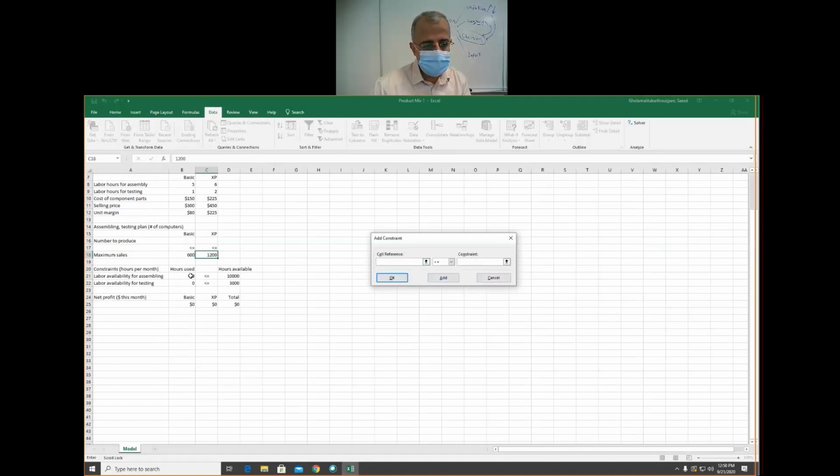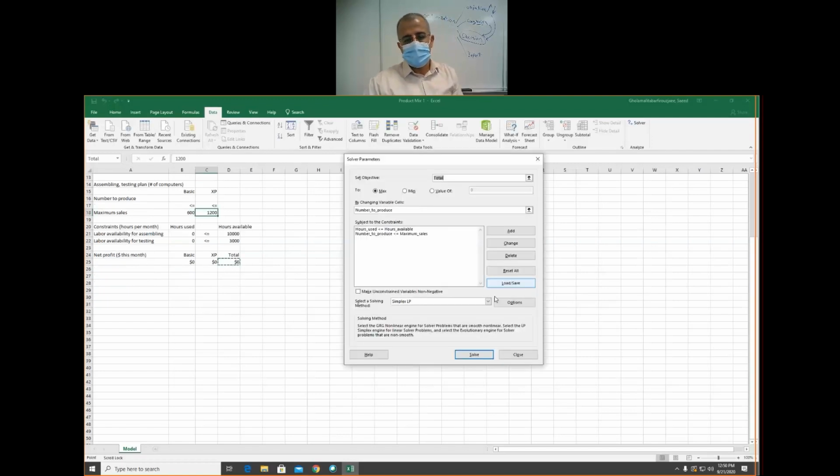The second constraint is for the hours used. Hours underline used must be less than or equal to hours available. Here's our model. For non-negativity, we need to click on this one.